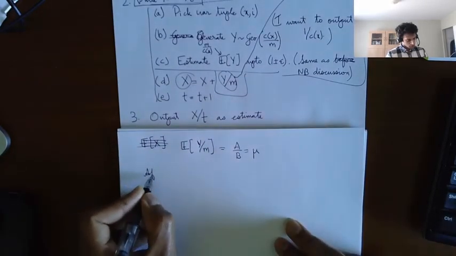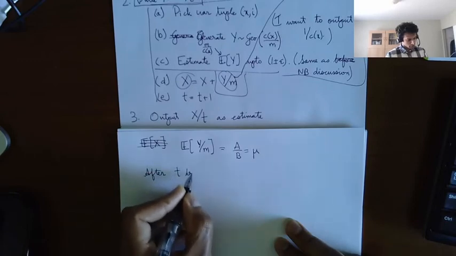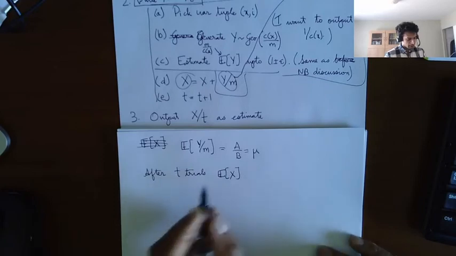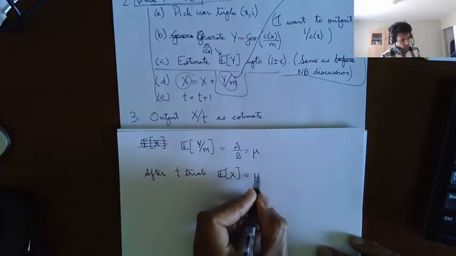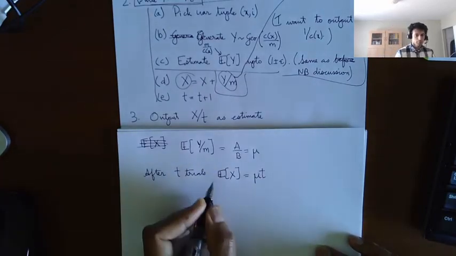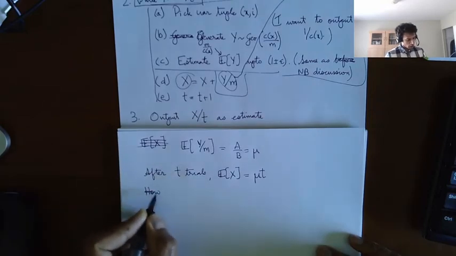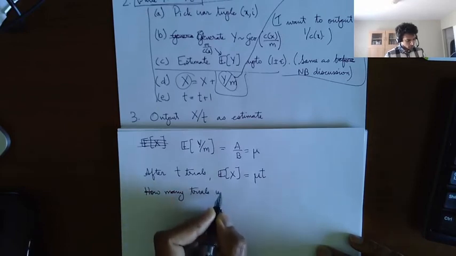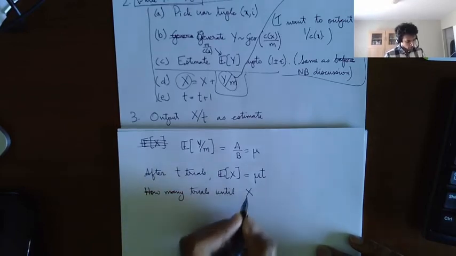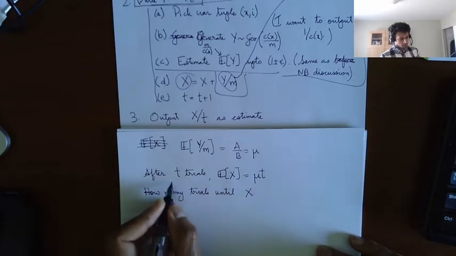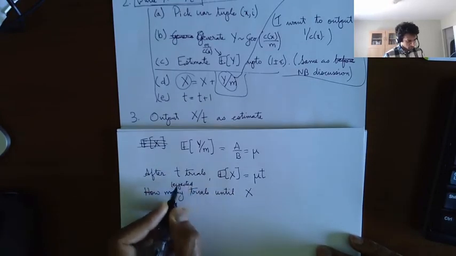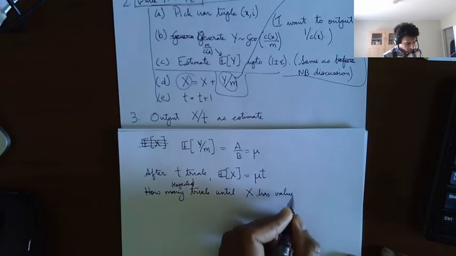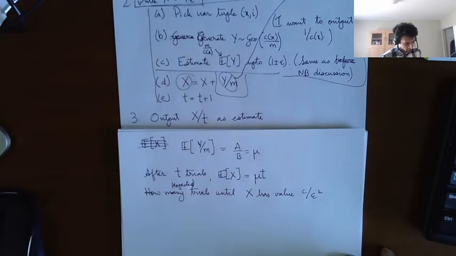So after t trials, the expectation of x is mu times t. So how many trials until x has value c over epsilon squared? How many expected trials until x has value c over epsilon squared?